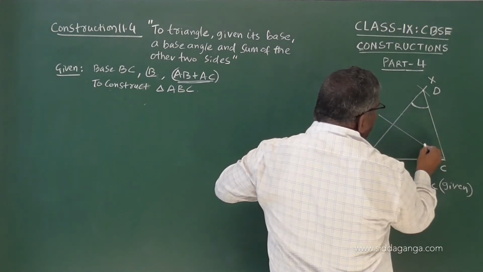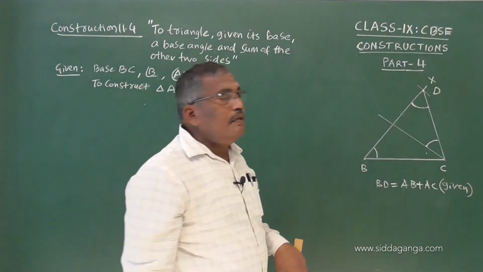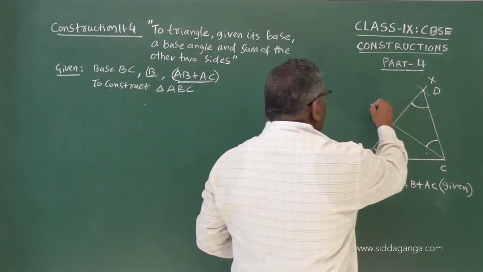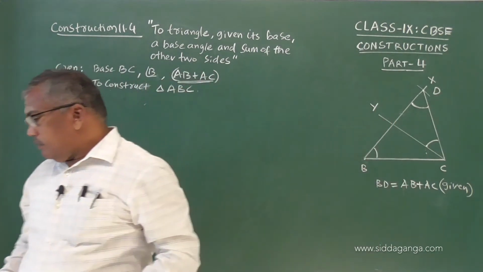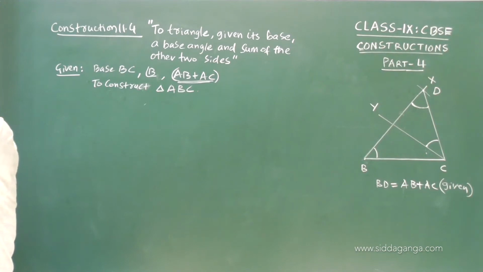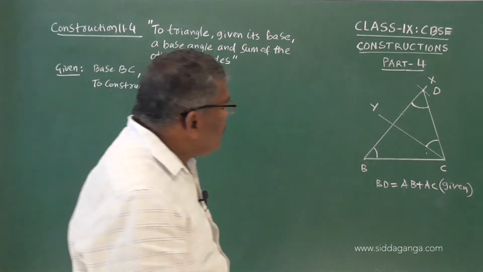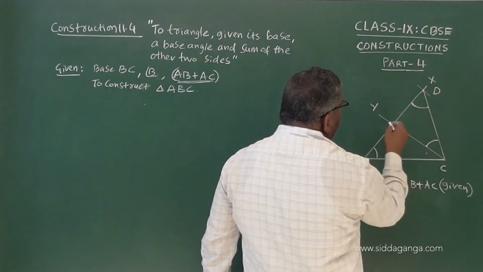Now this angle is equal to this angle, so we can call this as y. This CY intersects BD at A.